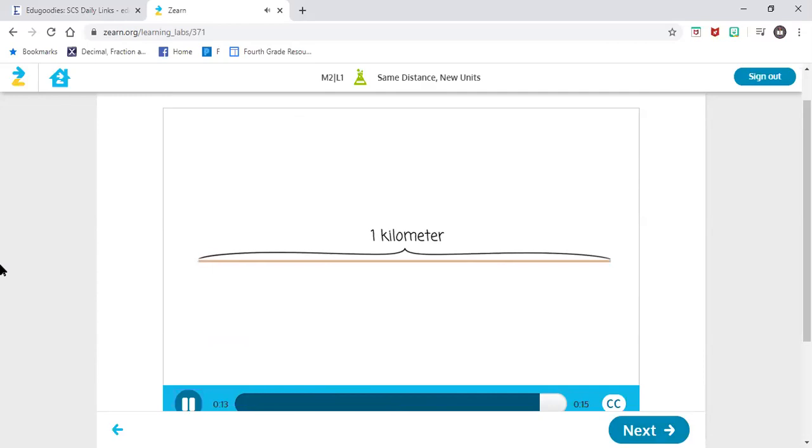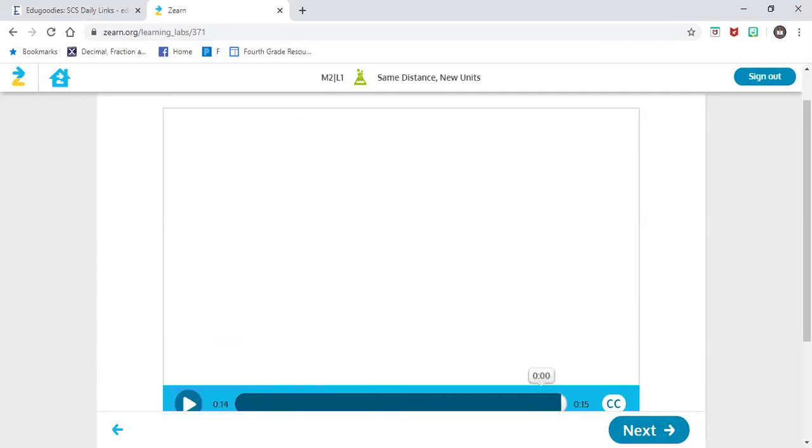All right, so I played it again just so we can hear it and make sure that we got it. So we're saying that it will take 1,000 meters to equal a kilometer. 1,000 meters to equal 1 kilometer.